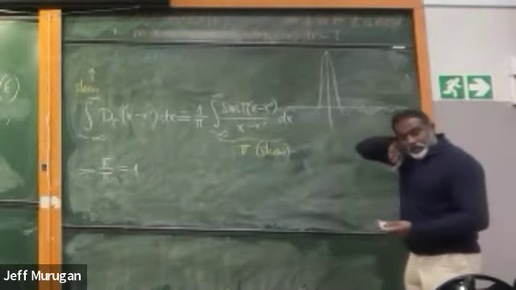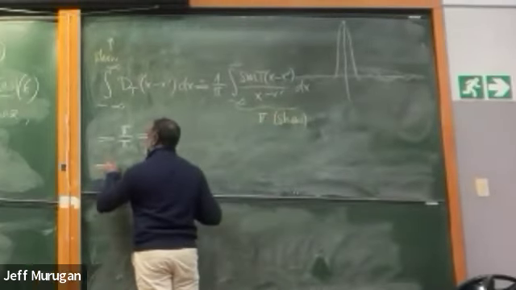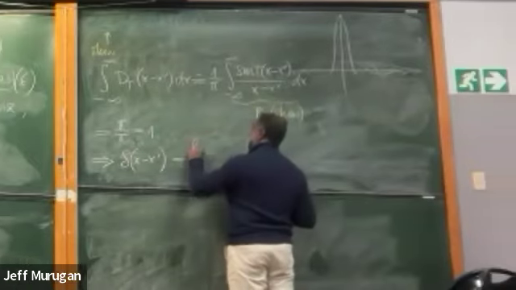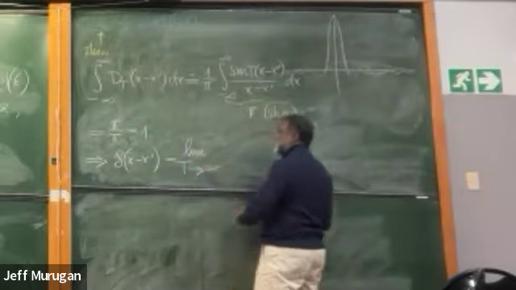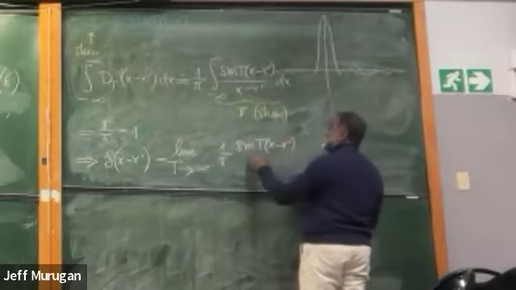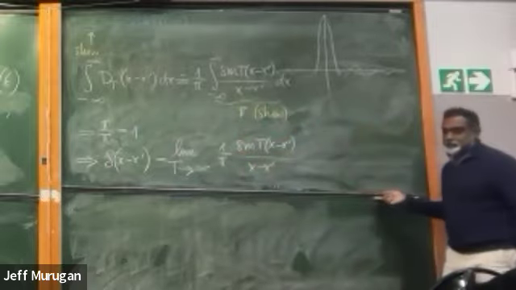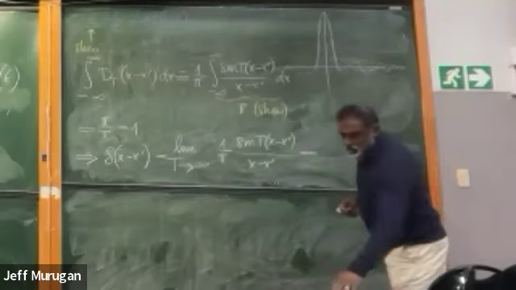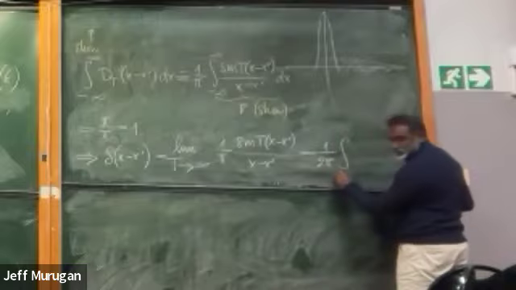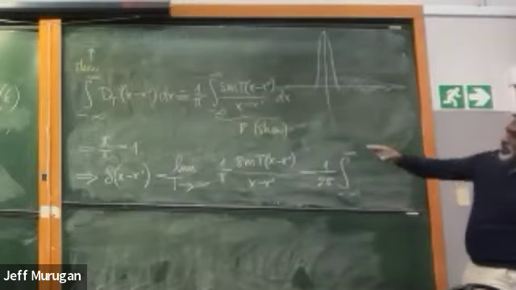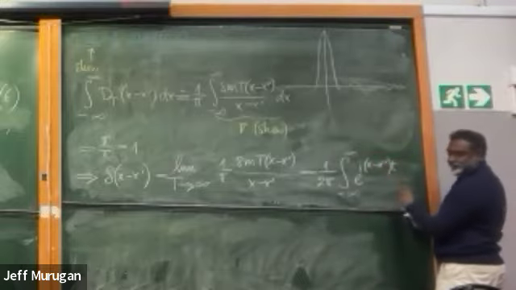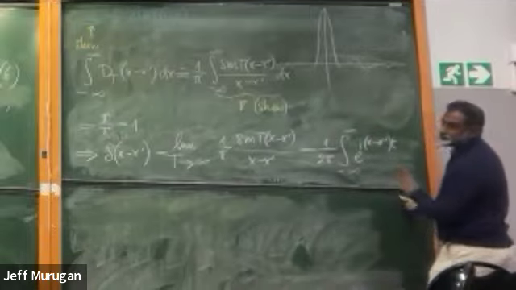But what this does for us then is it gives us a representation for the Dirac delta function as a limit as t goes to infinity of this 1 over pi sine t(x minus x prime) over (x minus x prime), which is just 1 over 2 pi the integral from minus infinity to infinity, the definition that I had there, e to the i (x minus x prime) t dt.